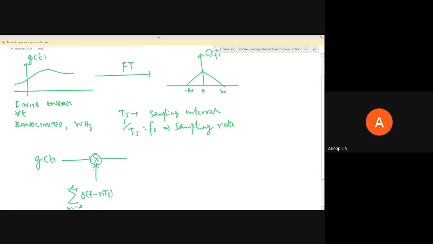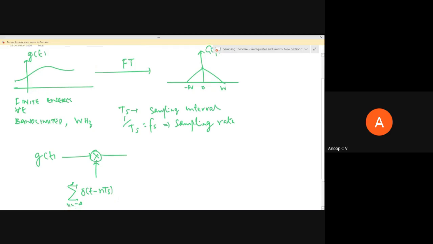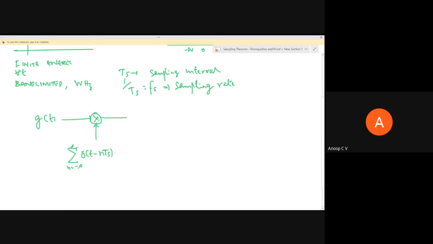The impulse train is nothing but a chain of impulses separated by Ts. This is 0, this is Ts, this is 2Ts, this is minus Ts, minus 2Ts, and so on and so forth. So this is an ideal impulse train spanning from minus infinity to infinity.